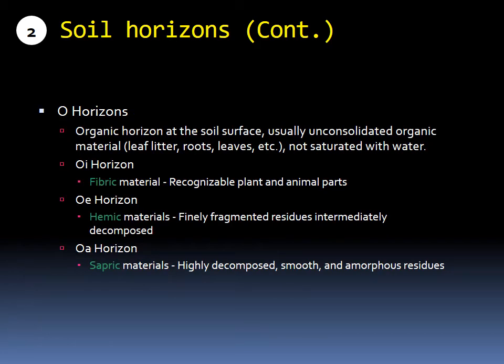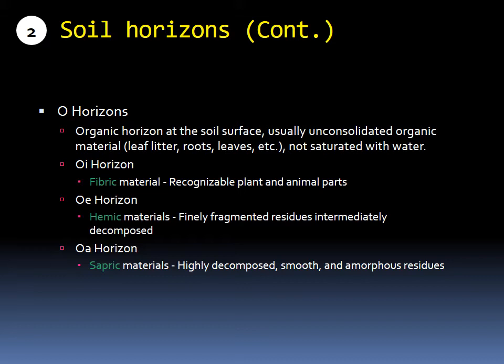Now, if we want to know more about each of these layers, we have to give further information. So let's start with the O horizon. The O horizon, as I said, describes the layer which is dark black in color and purely organic material. Now, something to remember, where do those organic materials come from?